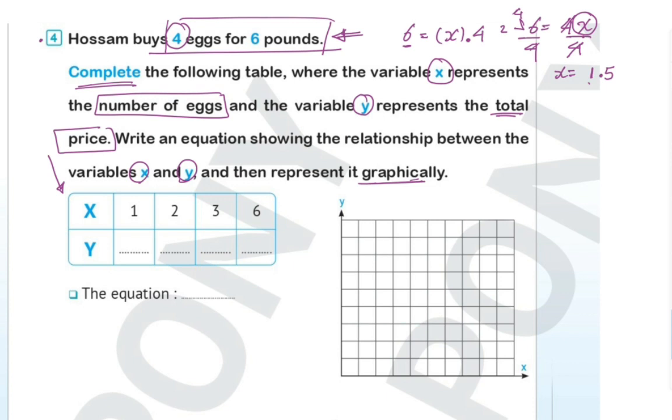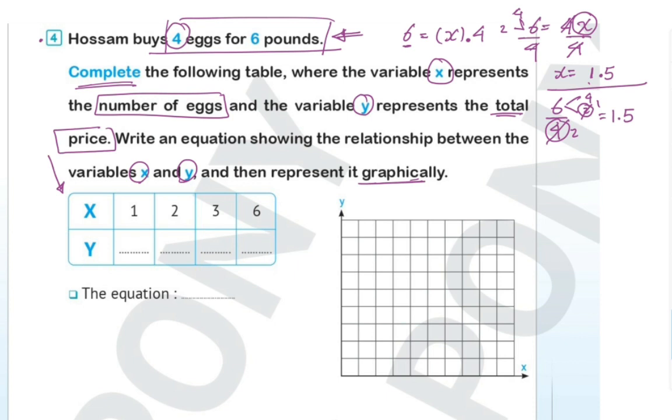Okay? Again, we have here 6 over 4. I will divide 6 into 4 and 2. 4 over 4 equals 1. 2 over 4 equals 1 over 2, that's half. And half equals 0.5.